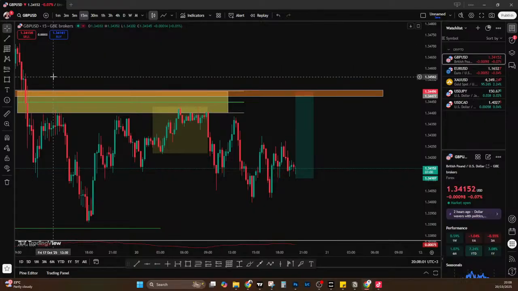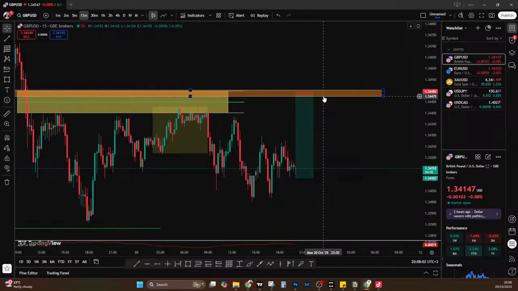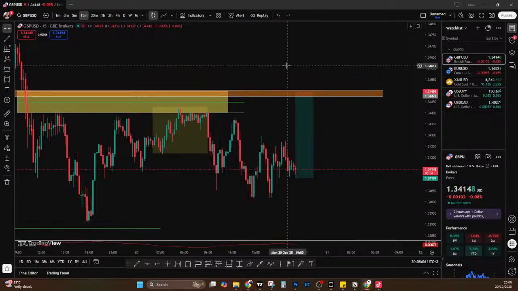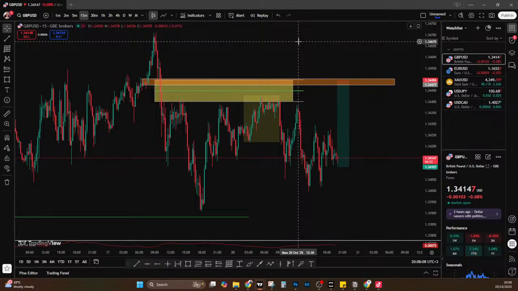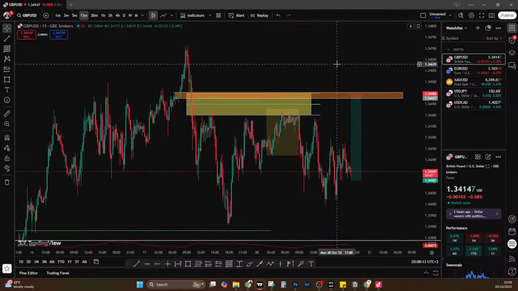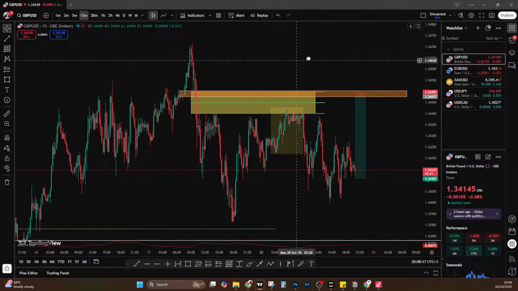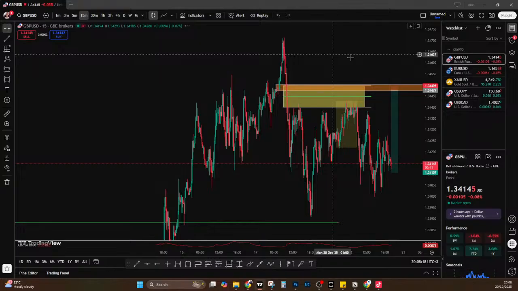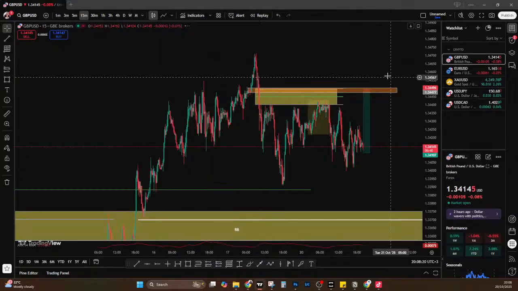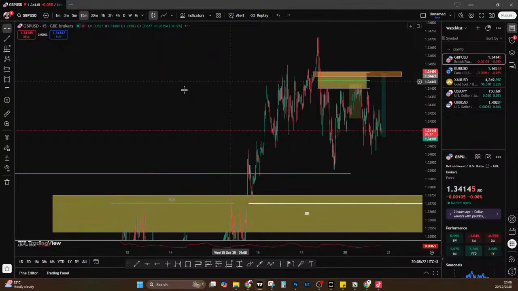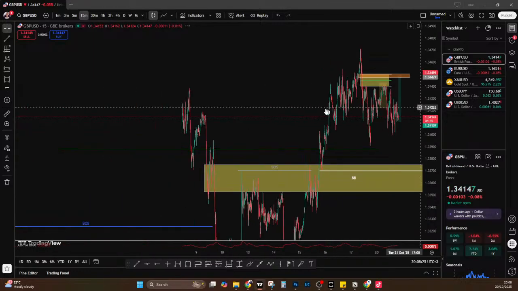Good, so we are here. You will be able to see the few setups we've gotten today. I have people in the Elite group that have gotten a few trades, and so we will just look at the overall what is happening.